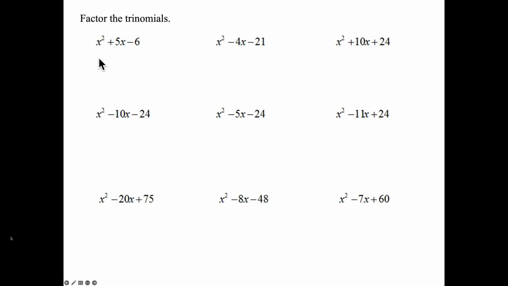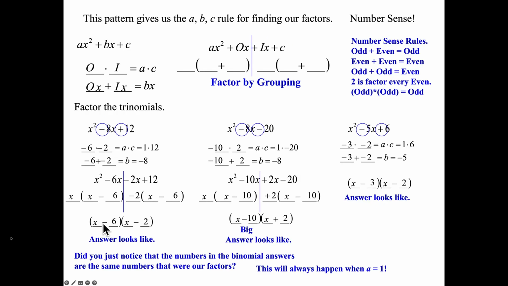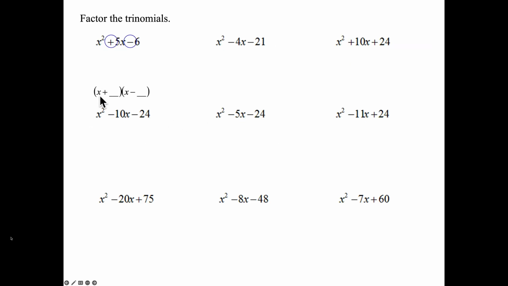All right, so x squared plus 5x minus 6. It's a minus 6. My signs are different. And the bigger number is going to be positive. So I am going to start putting x and x in the front right away. Notice in the previous example, they all started with x's in the binomial. That's because it's x squared. It's got to be broken down to x times x. So we're going to put down x plus some number, x minus some number.